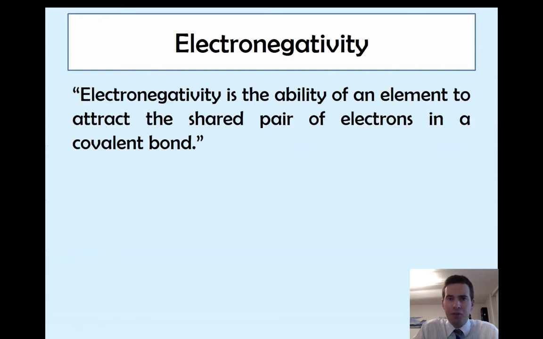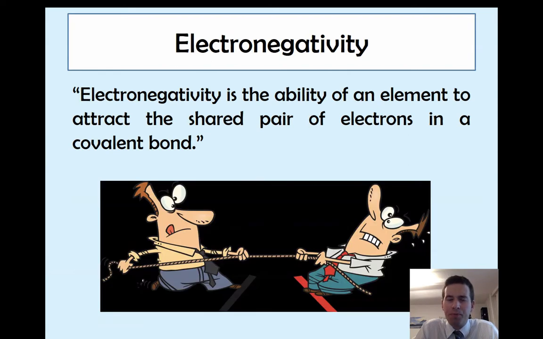So, definition first. Electronegativity is the ability of an element to attract the shared pair of electrons in a covalent bond. So the closer the electrons will go to one element rather than the other, the more electronegative it is. So in a chemical bond, you can kind of think of it as a tug of war.